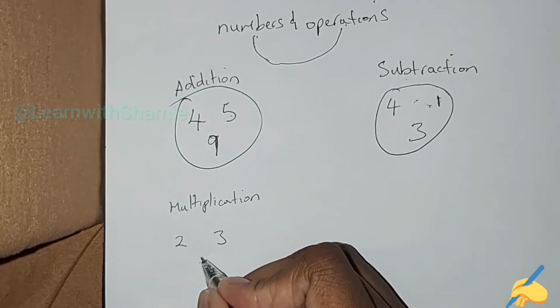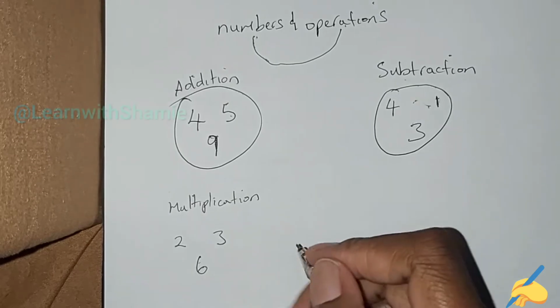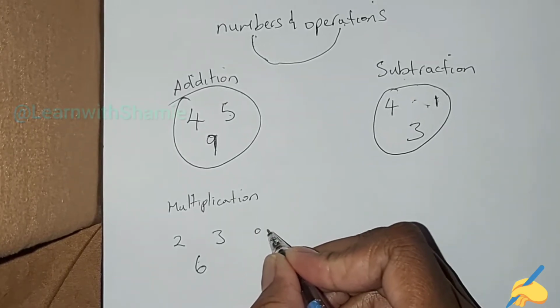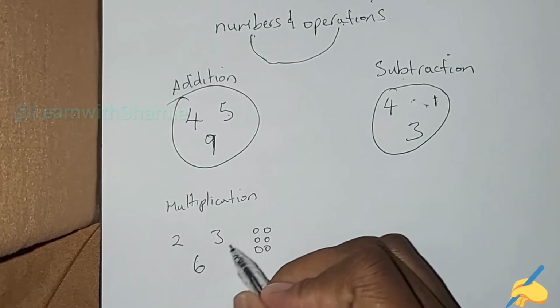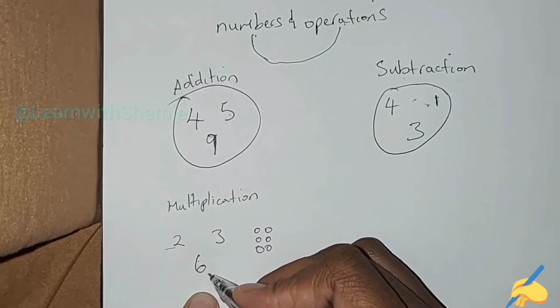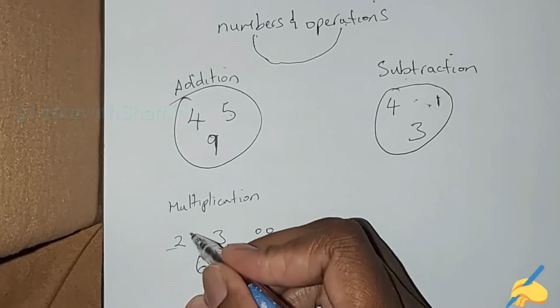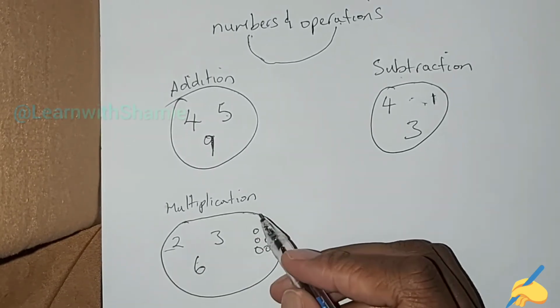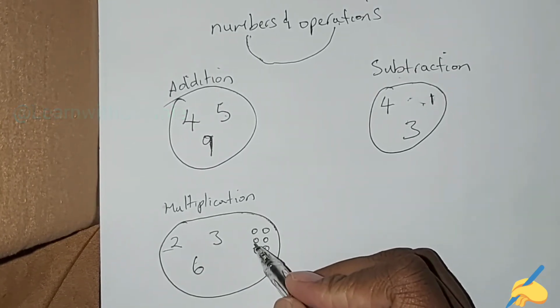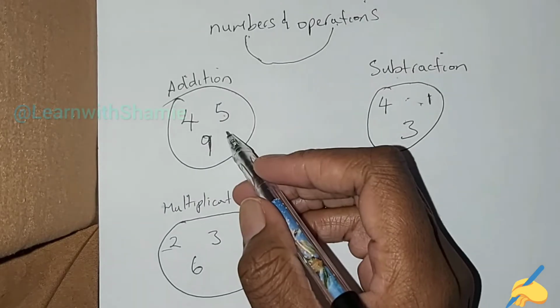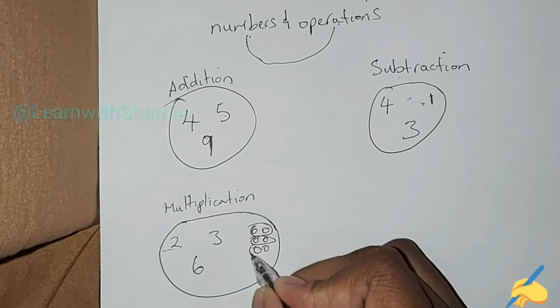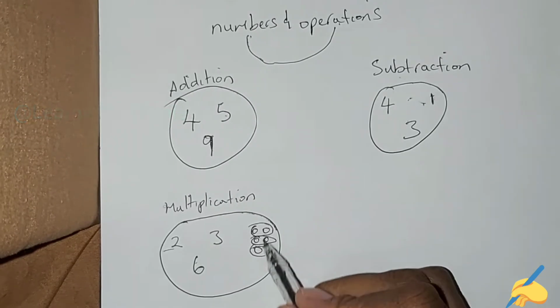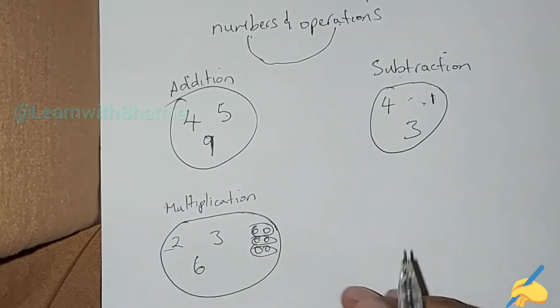So it's going to give us 6. 3 sets of 2 is equal to 6. So the multiplication operation is basically repeated addition because you're going to add two things 3 times. And 3 times 2 is 6.